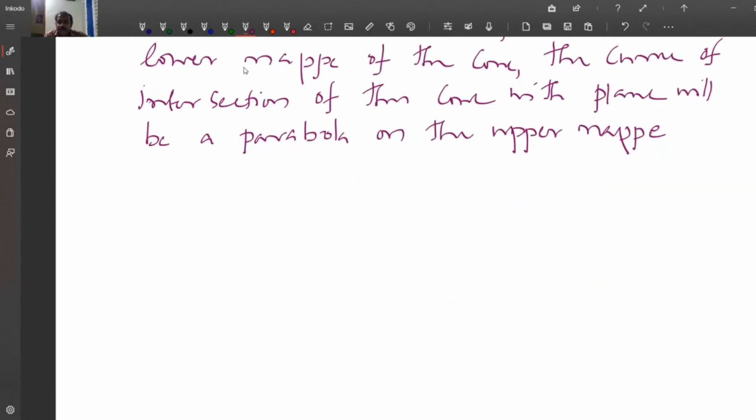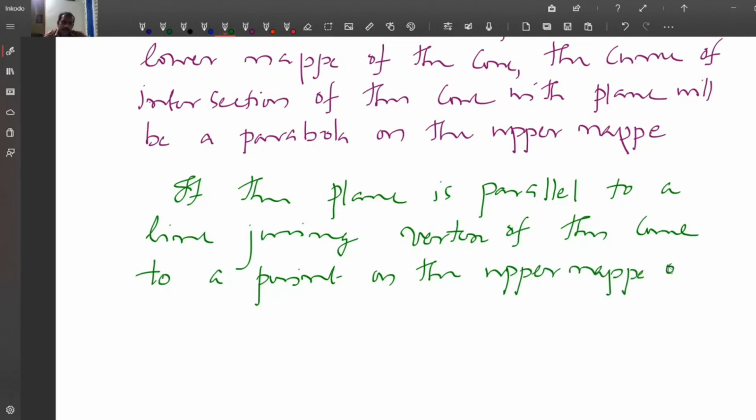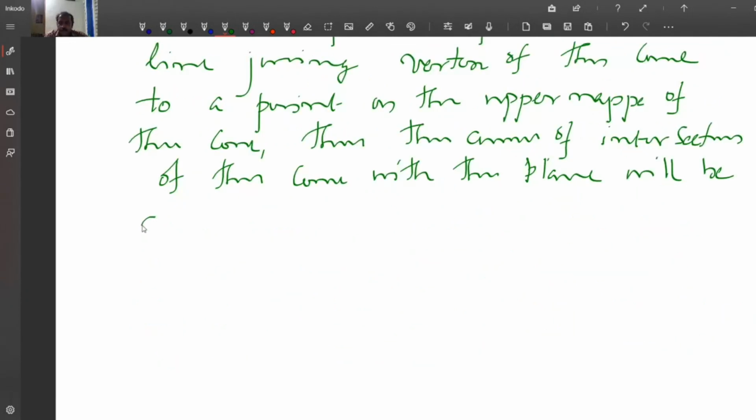Now if the plane is parallel to a line joining the vertex of the cone to a point on the upper nap of the cone, then the curve of intersection of the cone with the plane will be a parabola on the lower nap.